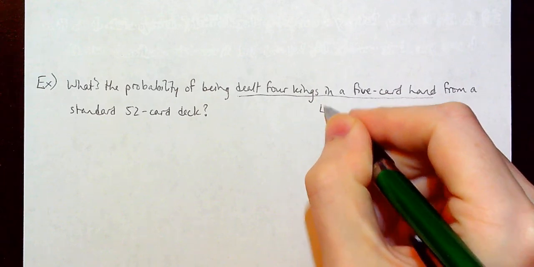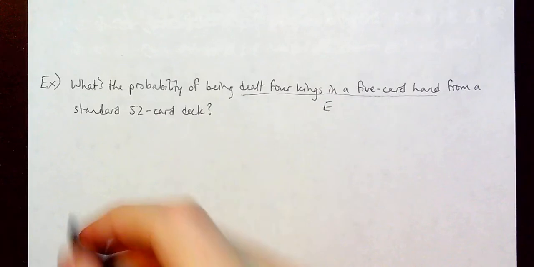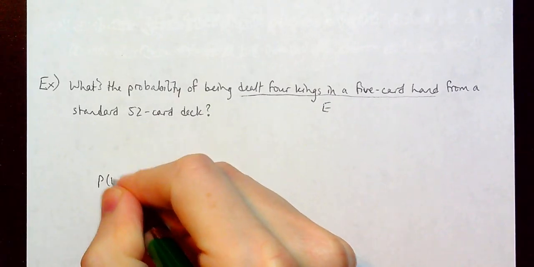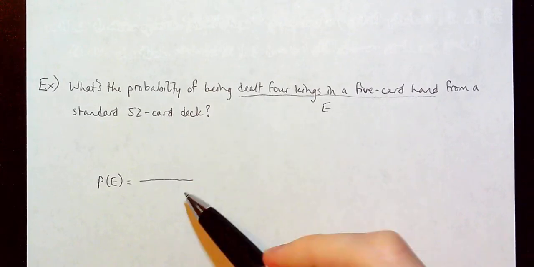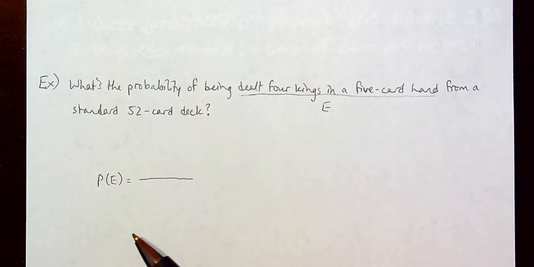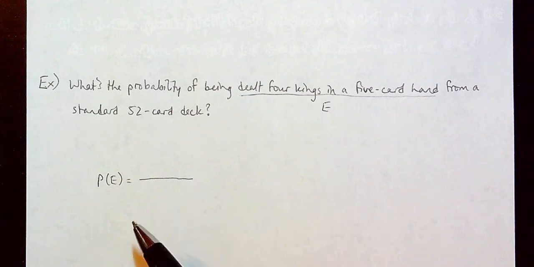Being dealt the 4 kings in a 5-card hand, that is our event E. Again, the probability of E happening, the theoretical probability, is the total number of outcomes in the event divided by the total number of outcomes in the sample space.